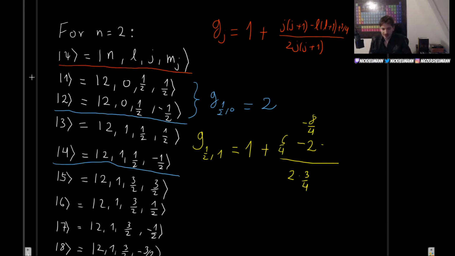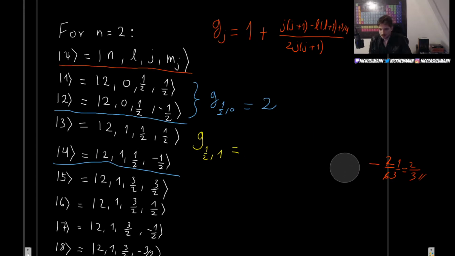So we can now add these and we get minus 2/4, which is minus 1/2, but we can leave it like this for now. And well, the 4s will cancel out and we are left with 1, and then we have minus 2/6, which is 1/3. So this is 1 minus 1/3. This is 2/3. All right, so that is that value for g. So 2/3.